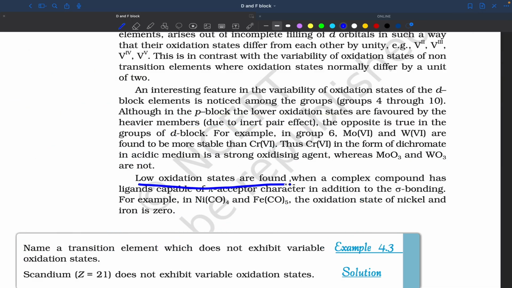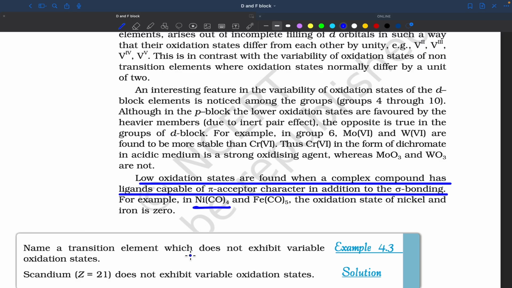Lower oxidation states are found when a complex compound has a ligand capable of pi acceptor character in addition to sigma bonding. For example, tetracarbonyl nickel and pentacarbonyl iron, the oxidation states of the metals are 0.